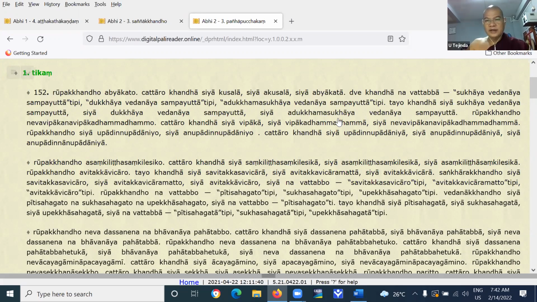So the two khanda should not be said to be either.